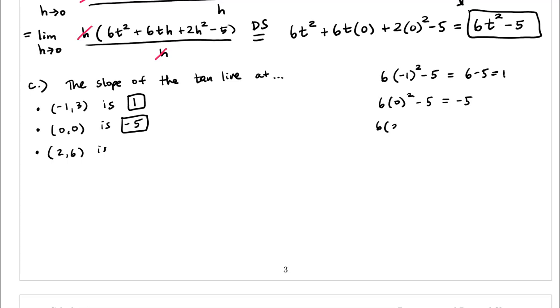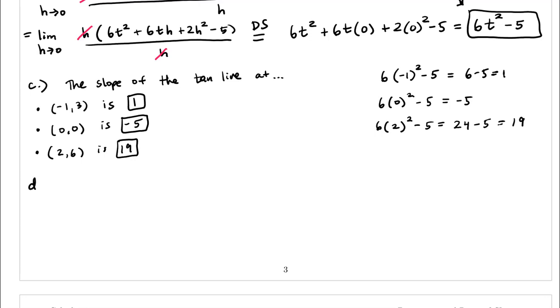So I'm going to plug in 2 into my little function here. 2 squared is 4, 6 times 4 is 24, minus 5 is equal to 19. So those, really quickly, now that we had that function, 6t squared minus 5, we were able to find the slopes of the tangent lines at these ordered pairs fairly quickly.